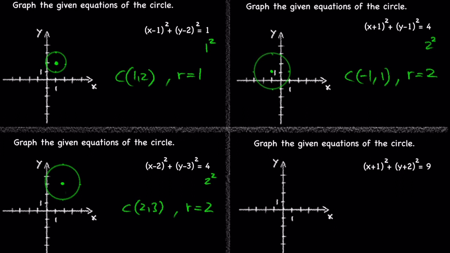In the last example, we have the equation (x plus 1) squared plus (y plus 2) squared equals 9. I really encourage you to pause the video and try this on your own. The center of the circle is negative 1, negative 2, and the radius is 3. Because we can write the equation as (x minus negative 1) squared plus (y minus negative 2) squared equals 3 squared.